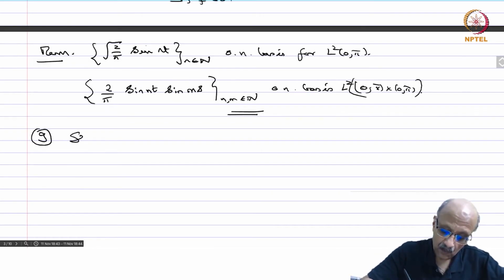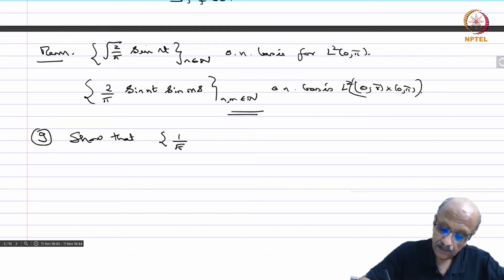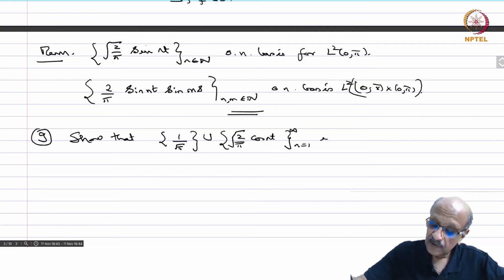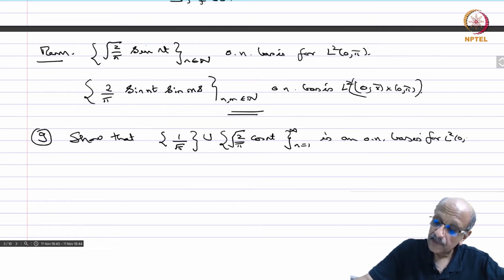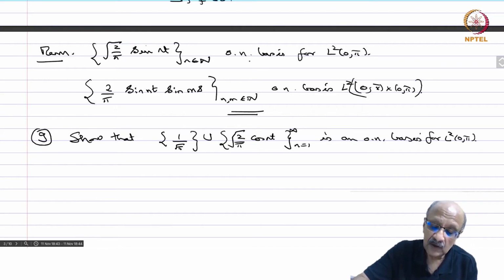Show that 1 by root pi union root of 2 by pi cos nt, n equals 1 to infinity, is an orthonormal basis for L2 0 pi. So this is the corresponding theorem. We saw that root 2 sin n pi t is an orthonormal basis. Now we are showing this. So the proof.